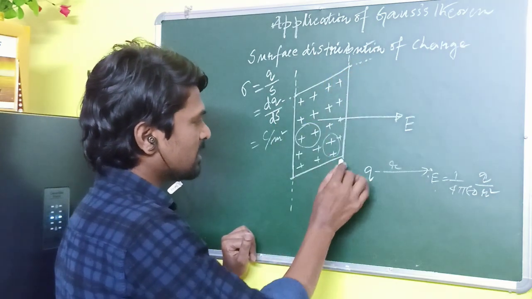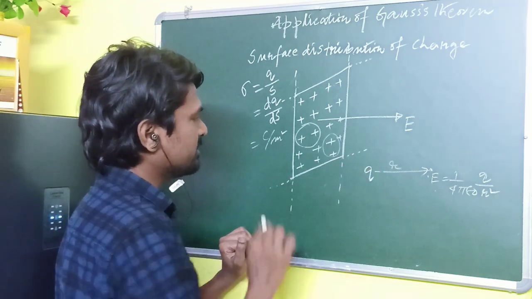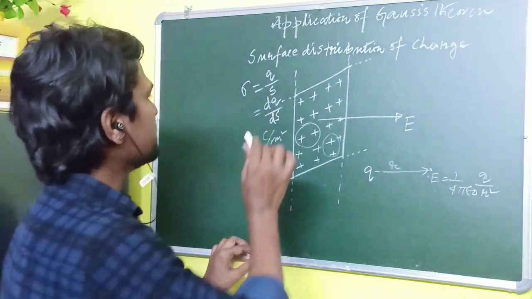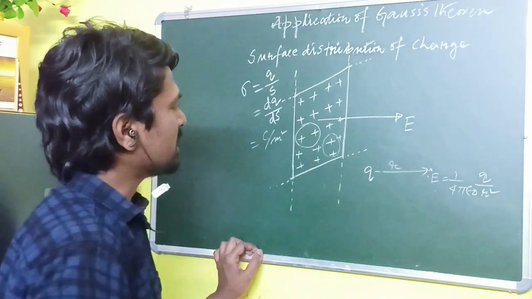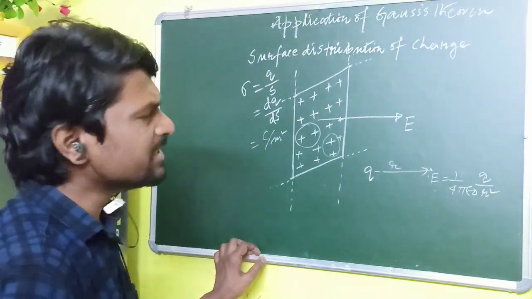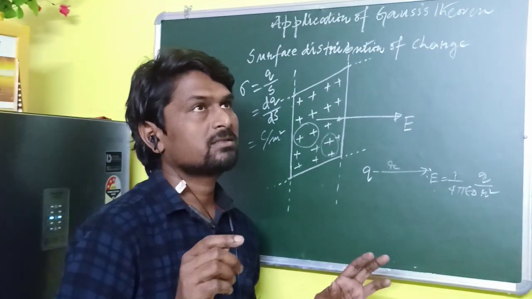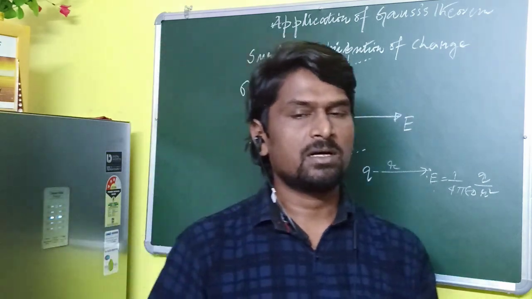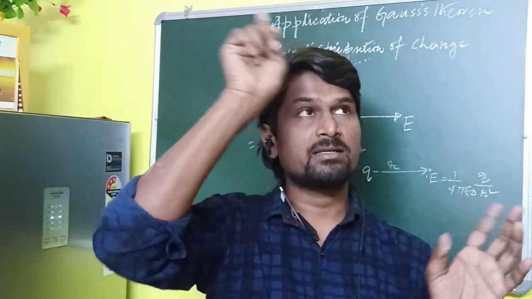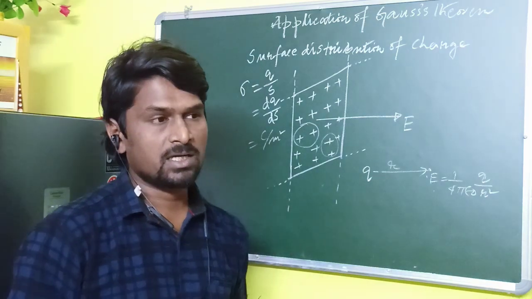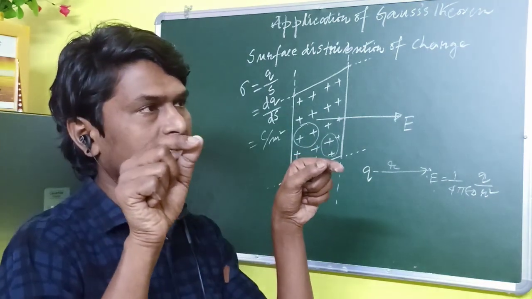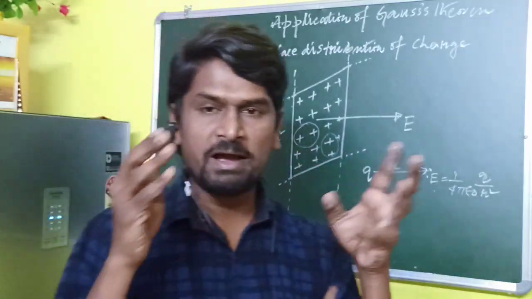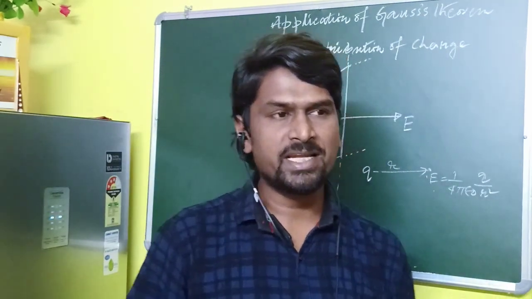You can take this as infinitely extended, like that particular roof as infinitely extended. Actually finite and infinite are relative terms.